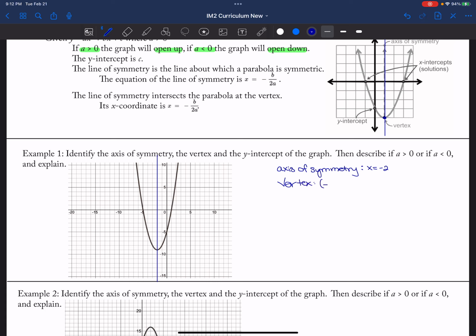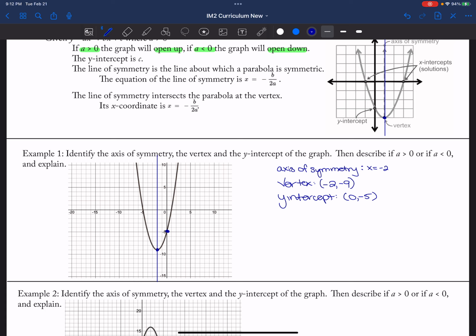So my vertex is -2, comma, some sort of y value, which in this case, the vertex is down here, which is at -9. Okay, the y-intercept is where it crosses the y-axis. And so the y-intercept is a coordinate point. So don't just put the value of -5. It's actually 0, comma, -5.